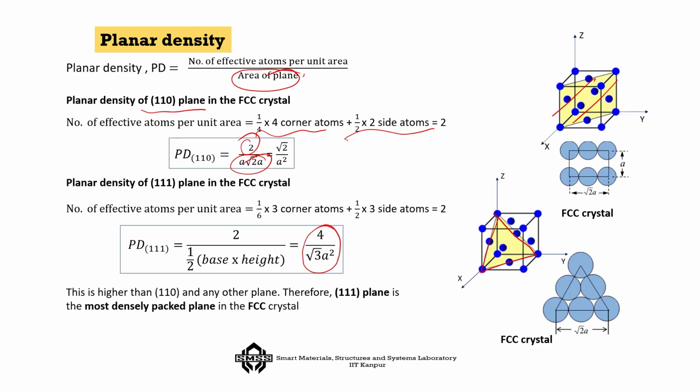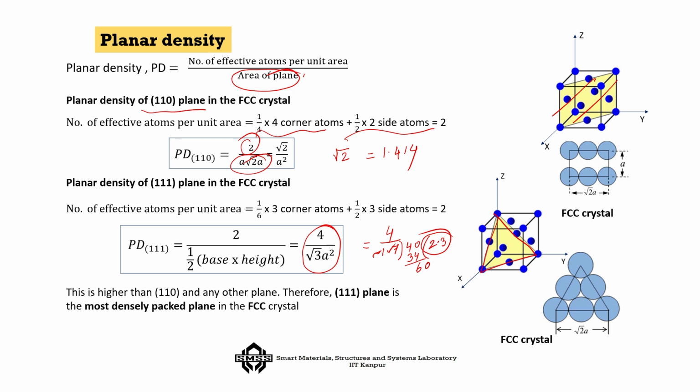Now, if you consider a to be unity, then in this case the planar density is root 2, that is 1.414, and in this case it will be 4 over root 3. Root 3 is approximately 1.7, so this would become about 2.3.